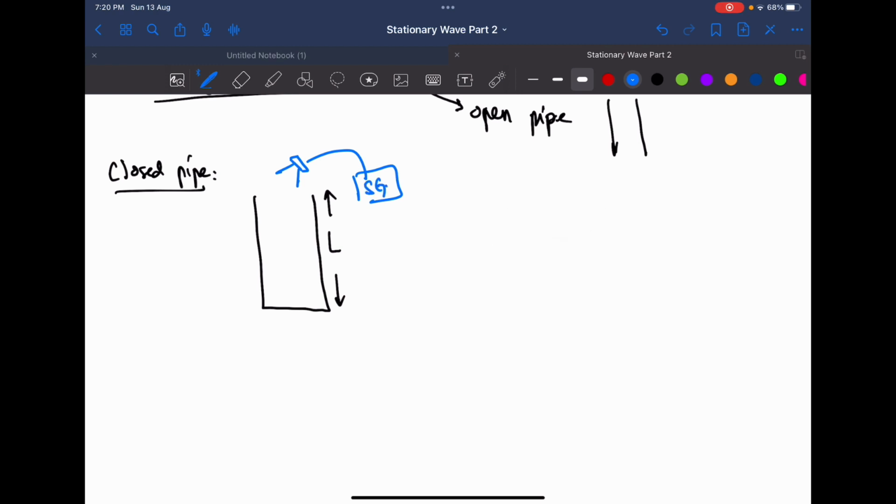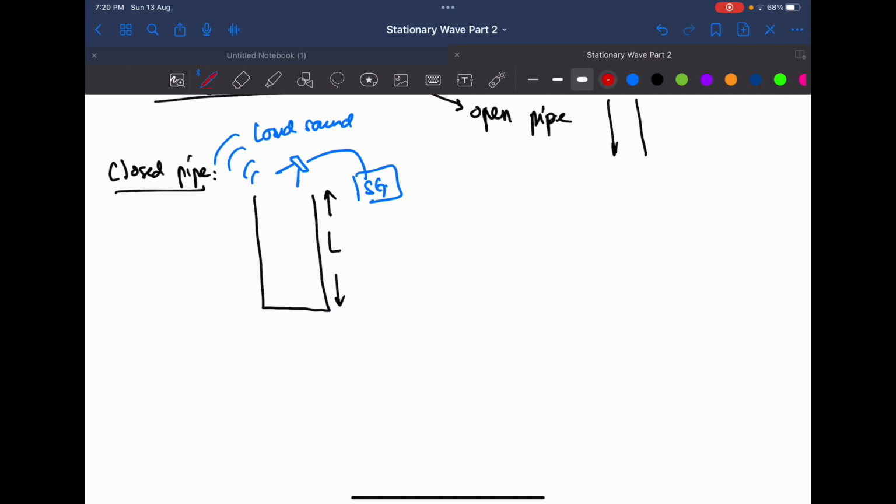And the same thing, what I do is that I increase the frequency of the signal generator from 0 until I can hear a loud sound from the mouth of the pipe. Okay, so I find out what is the frequency of the signal generator.